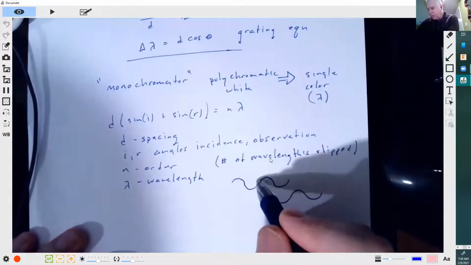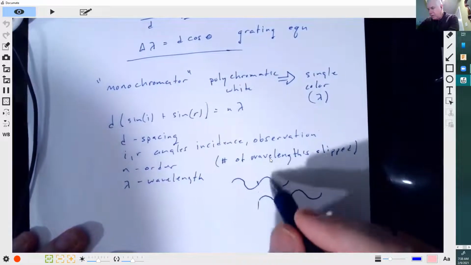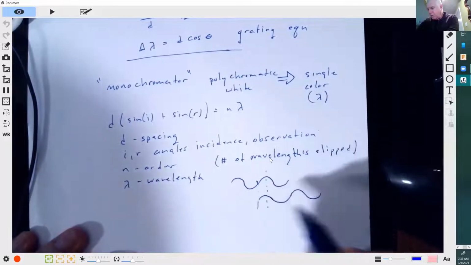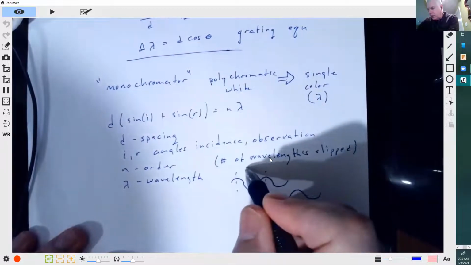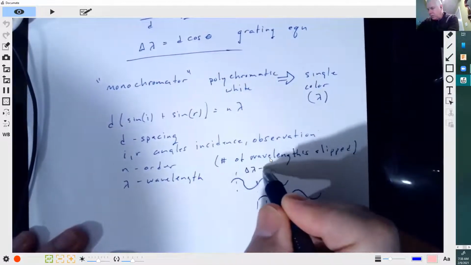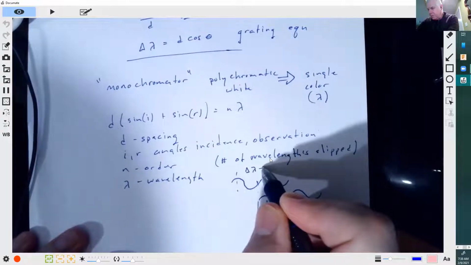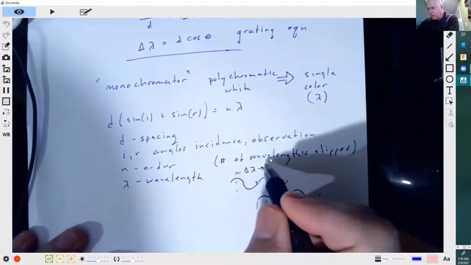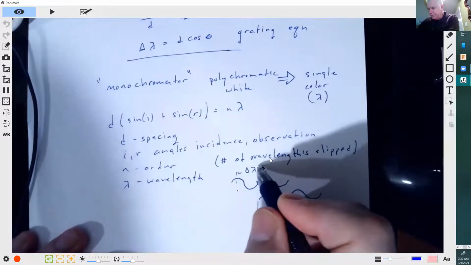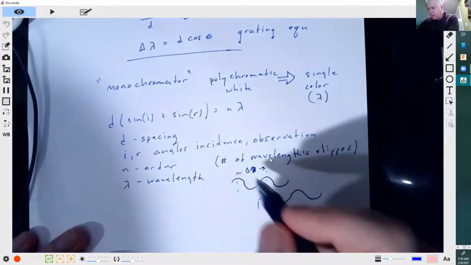This is a case where this delta here, or actually this is not delta lambda, let's just call it delta here.